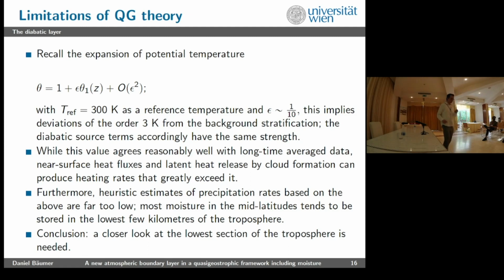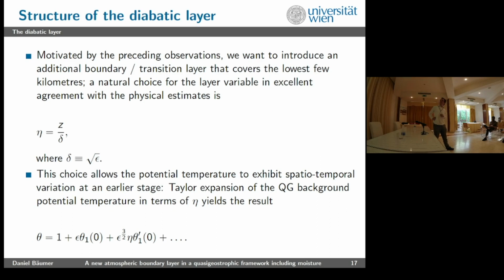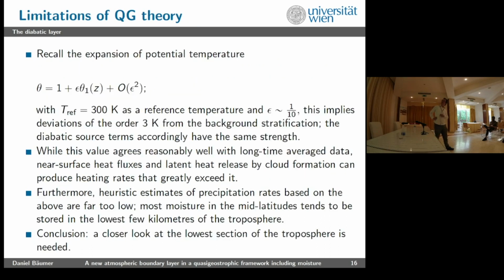But if you look at, for example, cloud-topped boundary layers, heat fluxes near the ground, latent heat release by cloud formation, then we can observe heating rates that greatly exceed that value. And furthermore, if we take this estimate and try to estimate precipitation rates based on that, those are far too low. So we get practically no rain.